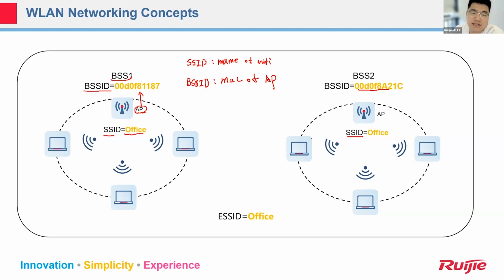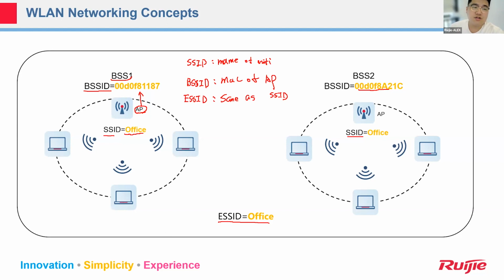And last is the ESSID. Normally, the ESSID is the same as the SSID. For all the APs that have the same SSID, you can think they are in the same ESS. So you should know the difference between these three different parameters.